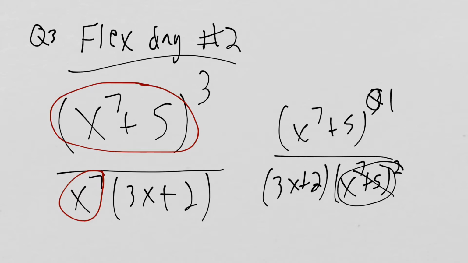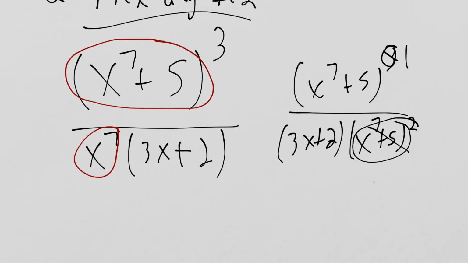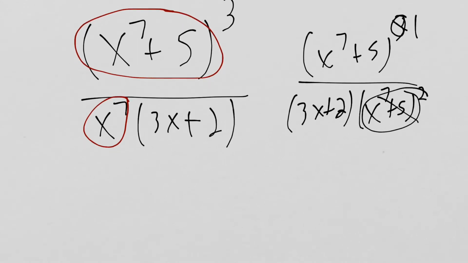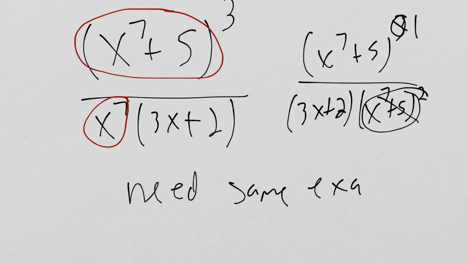So now we have (x to the 7th plus 5) to the 1st. Okay, so you cannot do any kind of combination or cancellation unless the bases are exactly the same. Need same exact base.